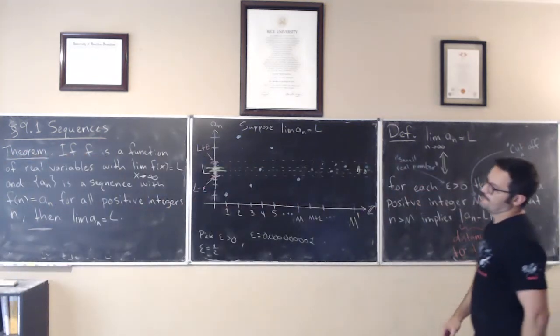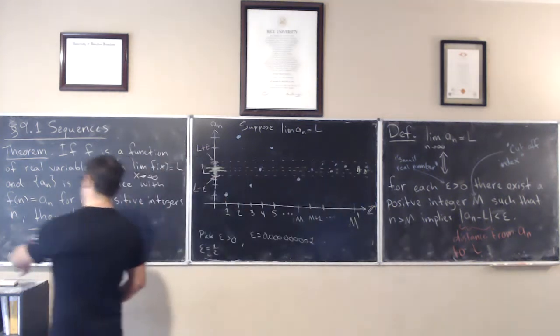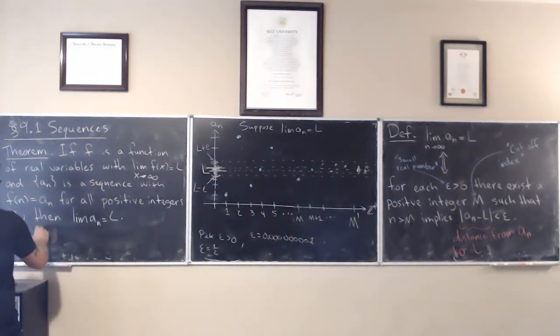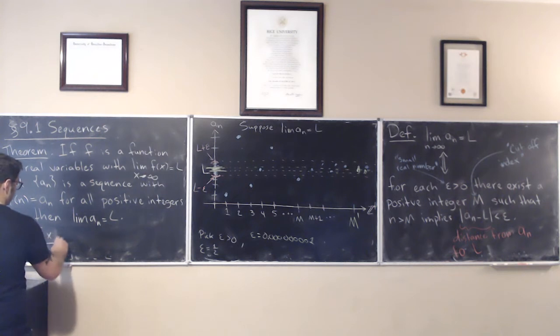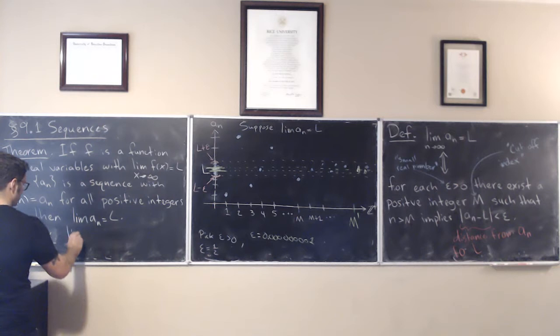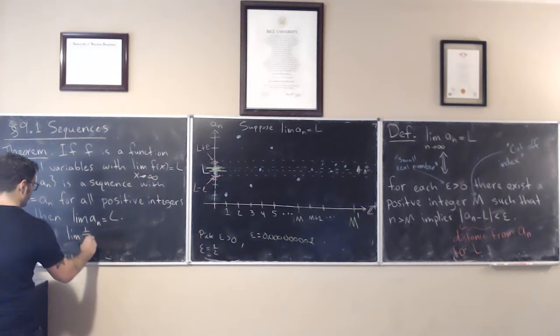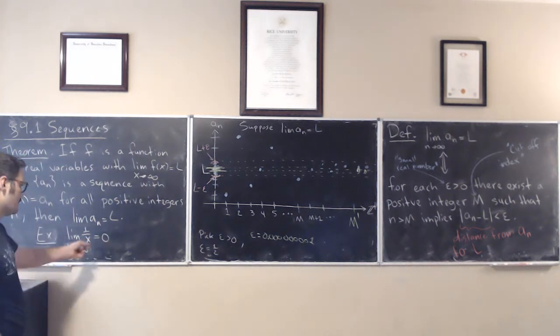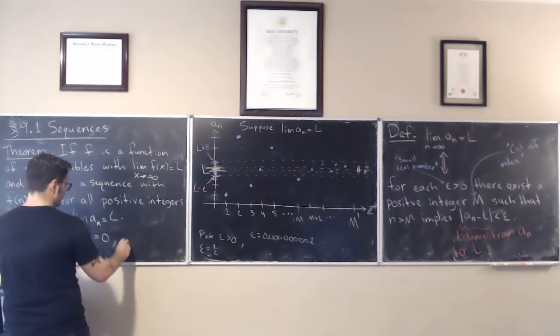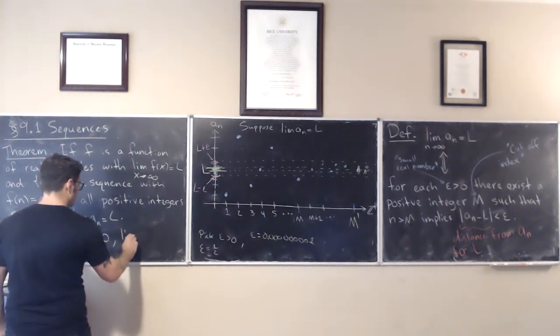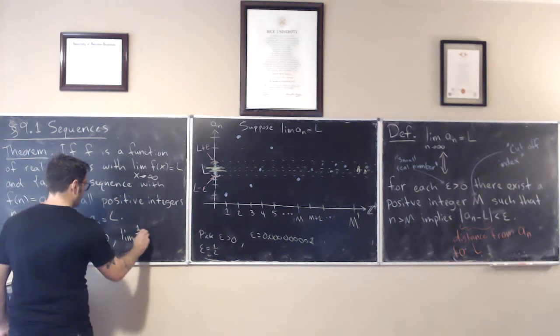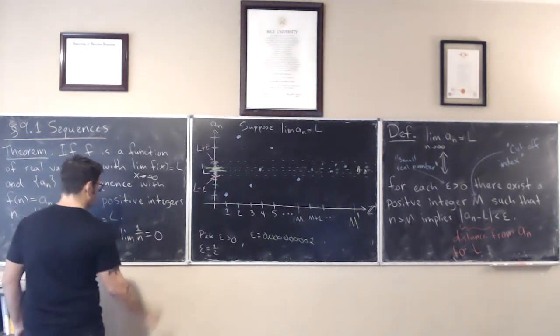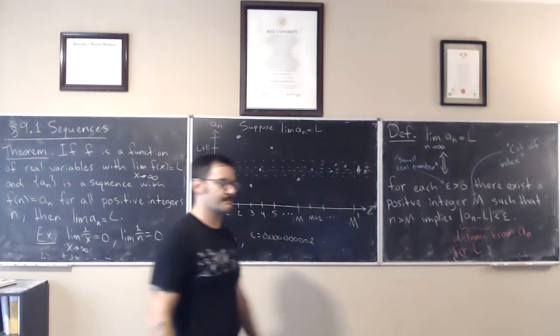So maybe an example: we know that the limit of 1 over x as x goes to infinity equals 0, right, for real numbers. So it would make sense then that the limit of 1 over n also equals 0 for natural numbers.